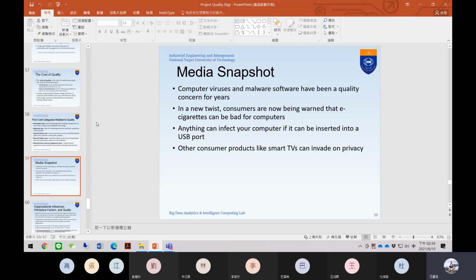E-cigarettes are really bad for the human body, you understand that? Anything can infect your computer if it can be inserted into a USB port. That's why today it's very difficult to expel all possible viruses from your USB or your computer. Other consumer products like the smart TV can invade privacy as well, by hackers.